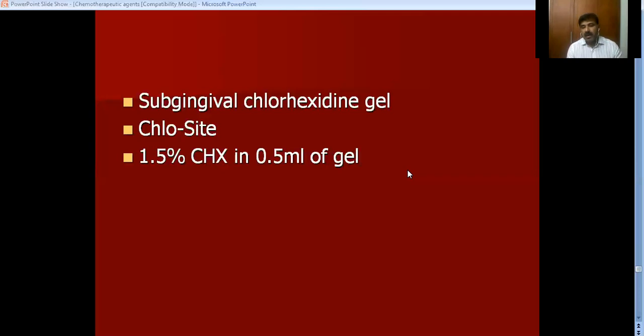You can give antibiotics to control the host response, which is known as host modulation. And to make more effective use of these antibiotics, you can place them as sustained release systems within the periodontal pocket, which is known as local drug delivery, using either antibiotics or antiseptics.